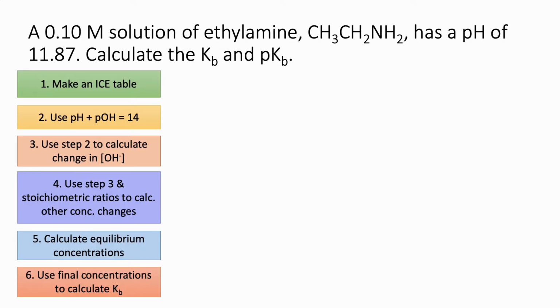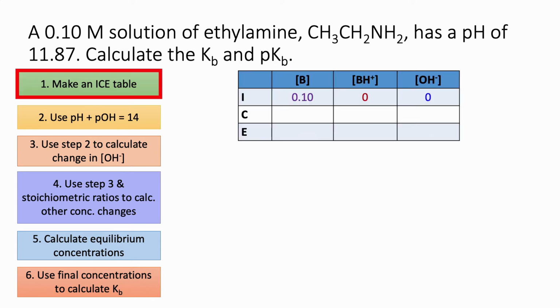So here we have a solution of a base, a 0.10 molar solution of ethylamine, and we have a pH for it, 11.87. So we're going to start off by making an ice table, and as you can see, this looks slightly different, but not too different from the acid ice table, in that we have the concentration of the generic base. I mean, you could put the formula for the base, but I'm just going to use the generic table.